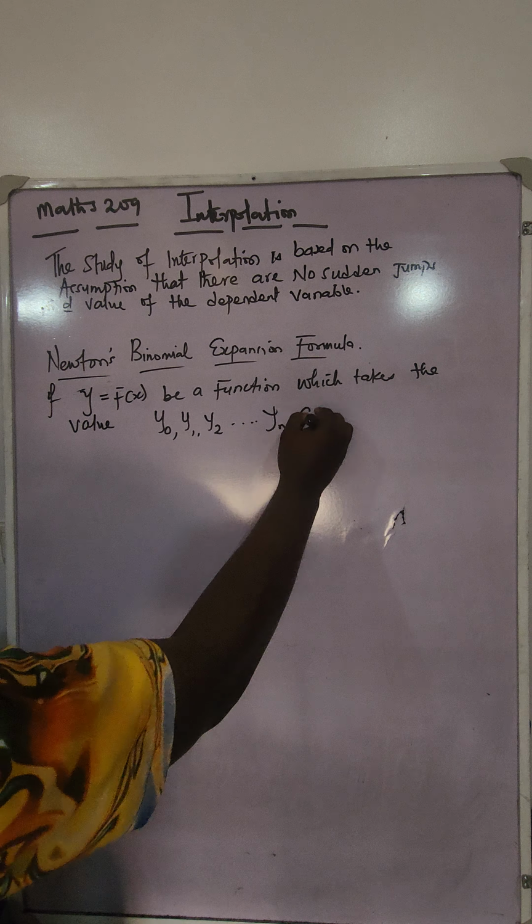And do not forget that this particular formula, the Newton binomial expansion formula, you can also write like this: y n minus n y n minus 1 plus n into bracket n minus 1 all over 2 factorial y n minus 2, plus, as we approach, minus 1 to the power of n y naught is equal to 0.